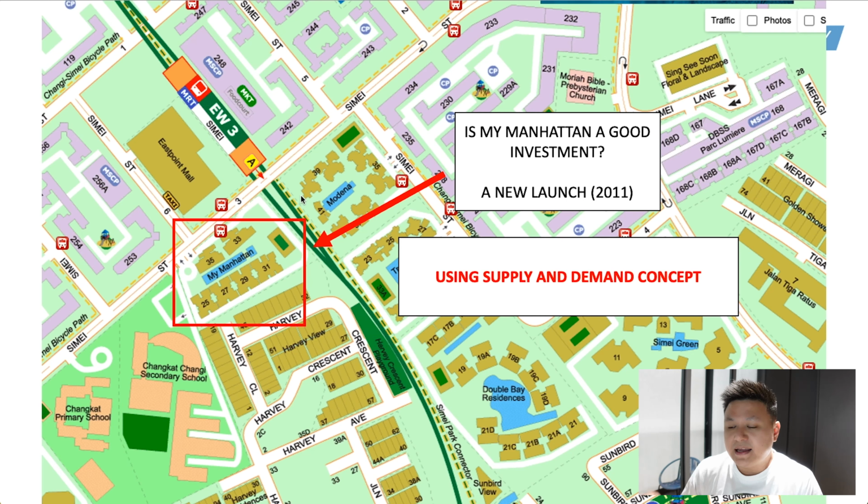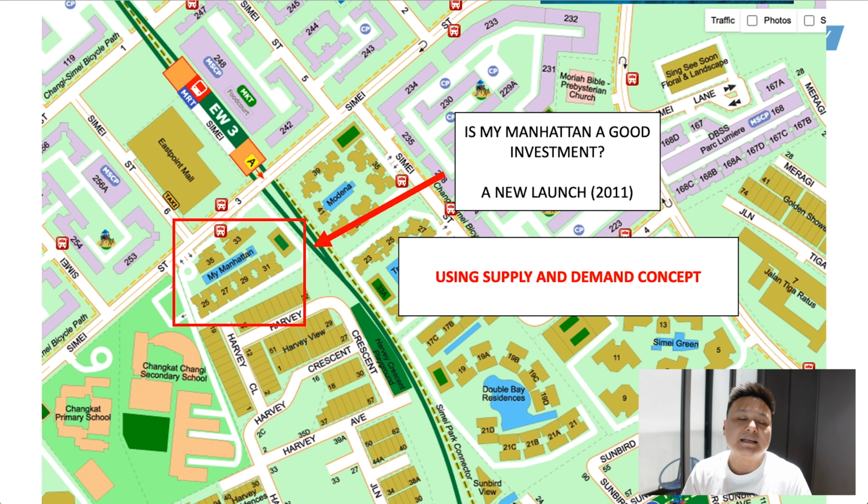Stuff like that. And today I want to use this very simple case study to see how we can use this supply and demand concept to actually determine whether a property is a good investment. For this instance, I'll be talking about this place called My Manhattan. A brief understanding about where this place is: it is at the Simei area.